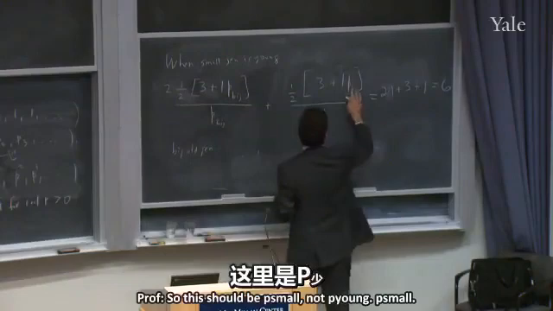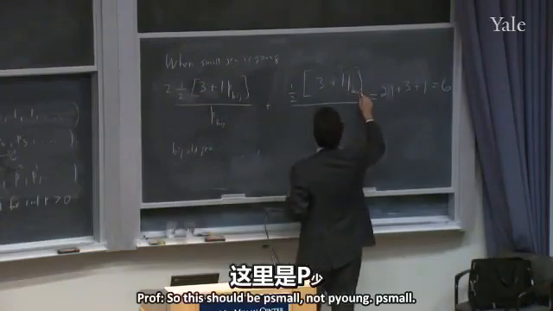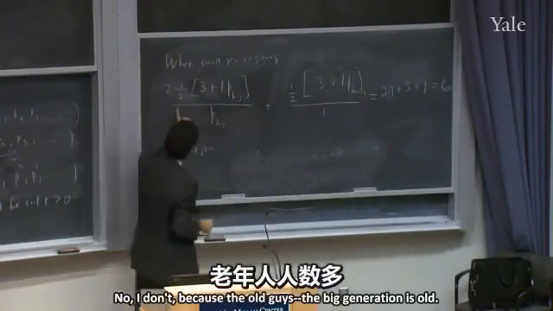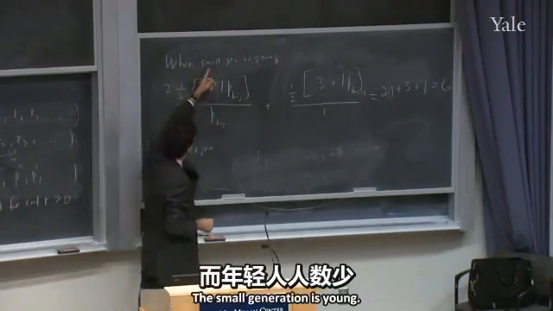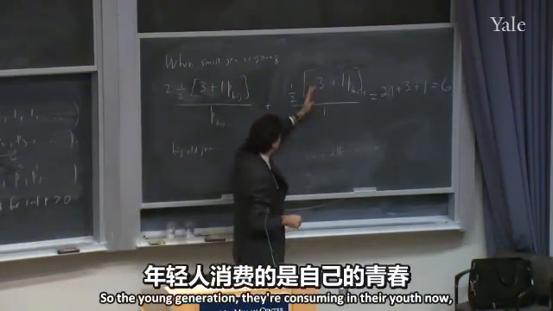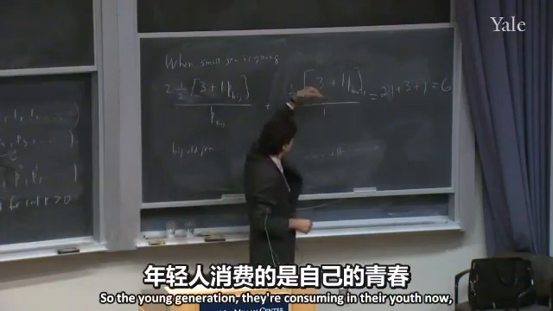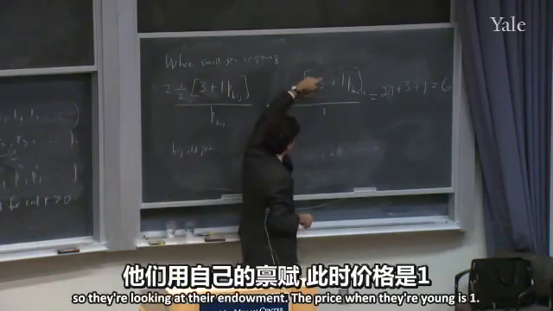So this should be P small, not P young, P small. The big generation is old, so the small generation is young. So the young generation, they're consuming in their youth now, so they're looking at their endowment. The price when they're young is 1.